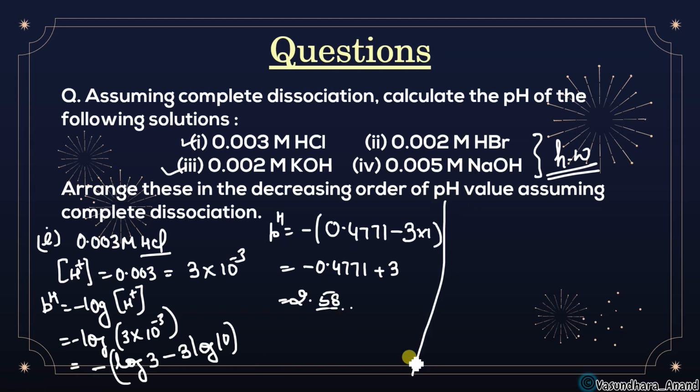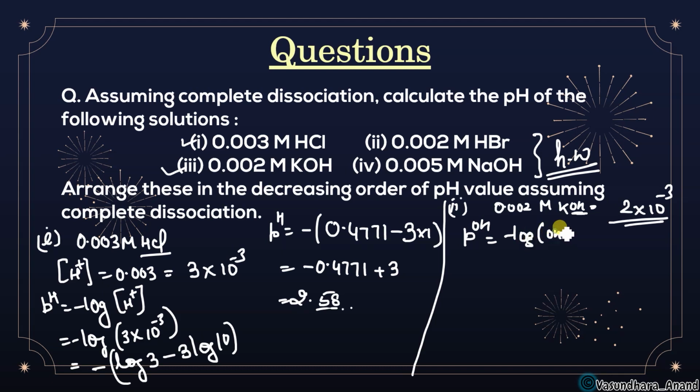Now let's do for the base. So in second part, this is the second part, 0.002 m KOH. So it will be 2 into 10 to the power minus 3. Yes or no? So in this case, you will get the pOH because OH ka concentration aapko pata hai yahan pe. So you will just find the pOH in the same way, minus log OH minus concentration. So it is minus log 2 into 10 to the power minus 3.